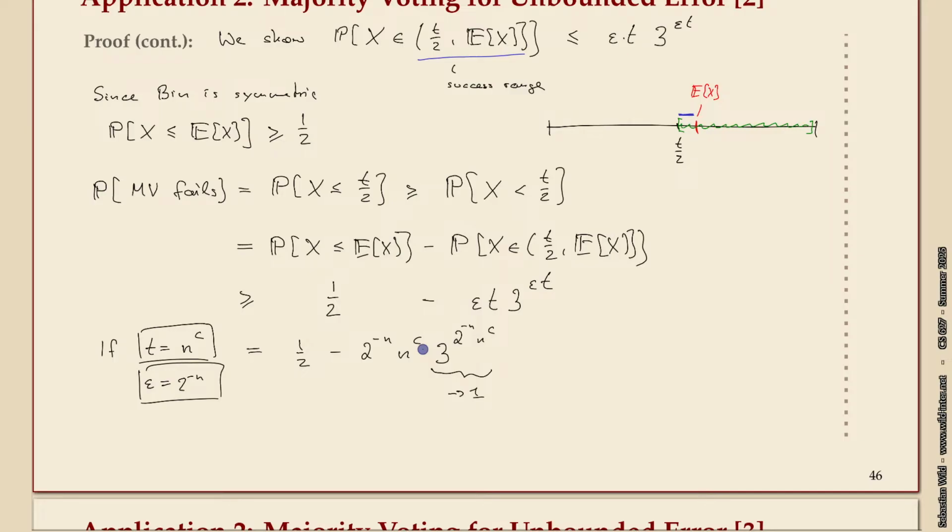This n to the c is fighting against an exponential, so the exponential wins and the whole thing goes to 0. So what does that mean? If we do any polynomial number of repetitions, the majority vote fails with a probability that converges to 1/2. In particular, it is below any delta greater than 1/2 for sufficiently large n. And so no polynomial number of repetitions suffices, right?